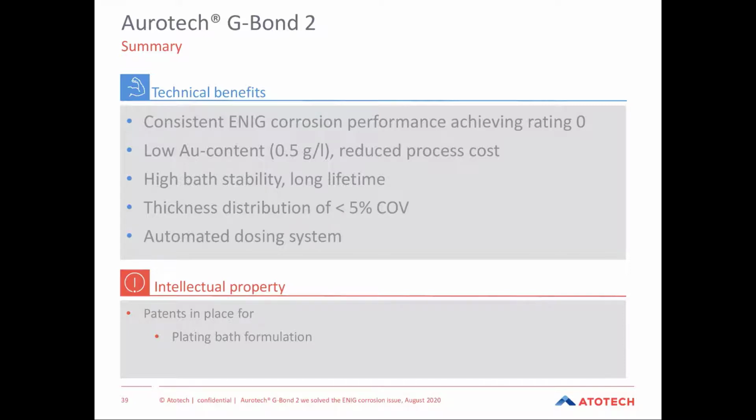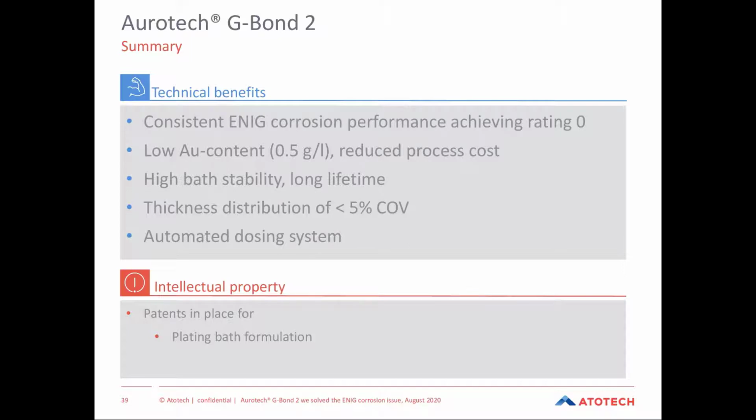At the same time, it also works with a very good thickness distribution of below 5%, which helps you to really run with a low thickness window to be plated. The bath has a high bath stability and a long lifetime, and comes with the automated dosing system, which helps you to operate the bath and to be sure that the replenishment is consistent and reliable.